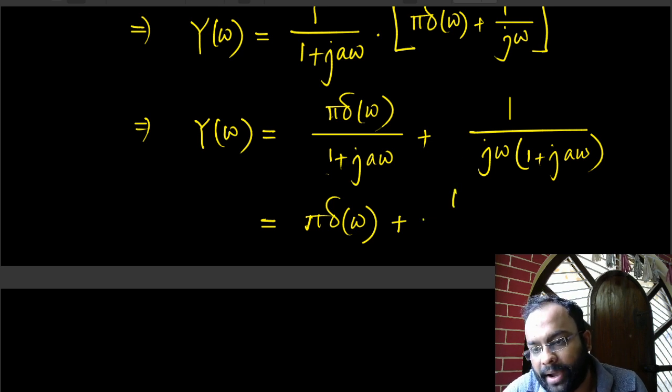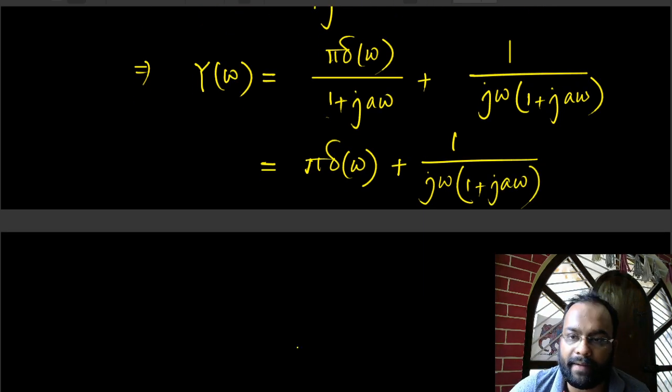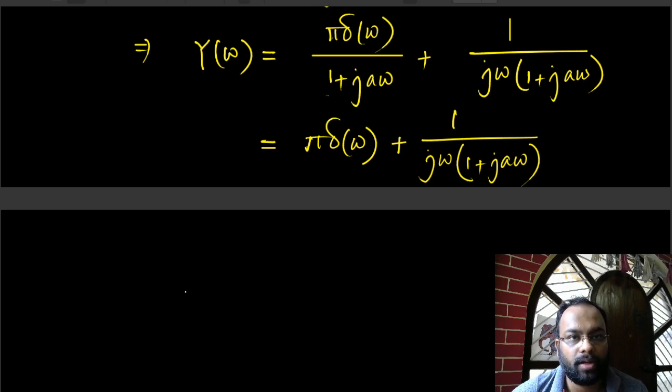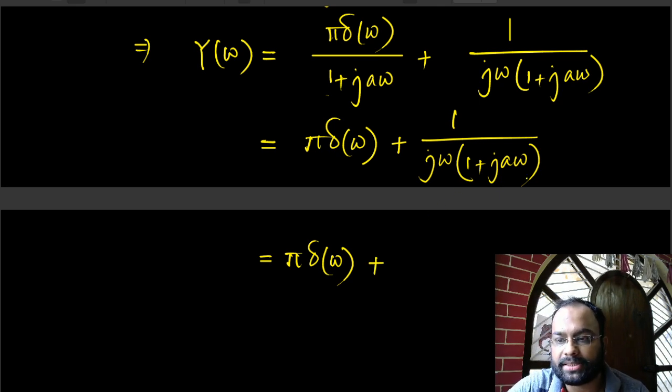1 by j omega into 1 plus j a omega. With that said, let's simplify this. If you did not understand this, please ask me. We are now simplifying this by bringing the 1 by a outside.